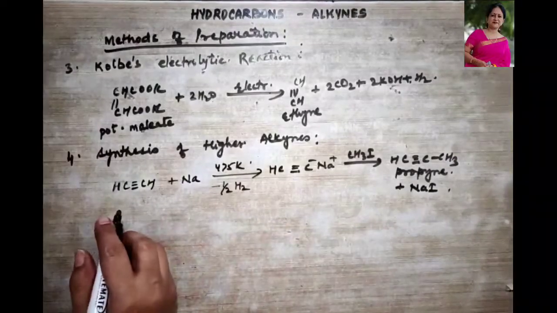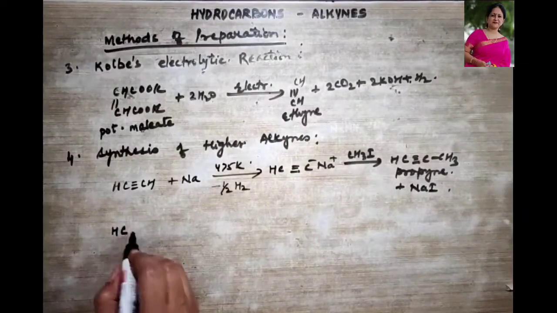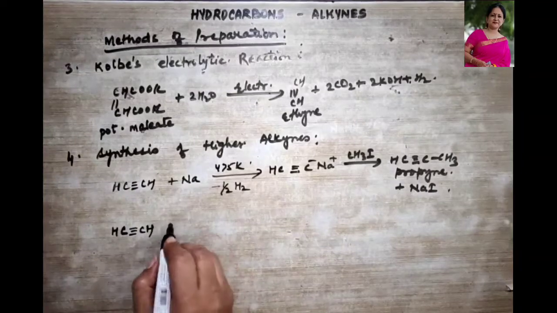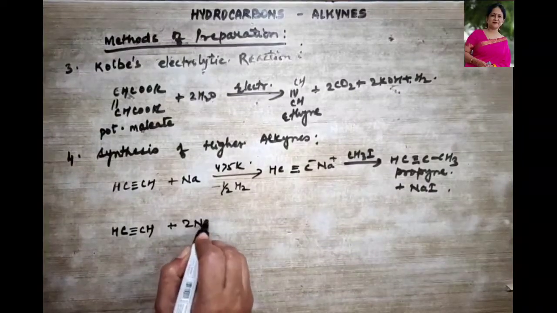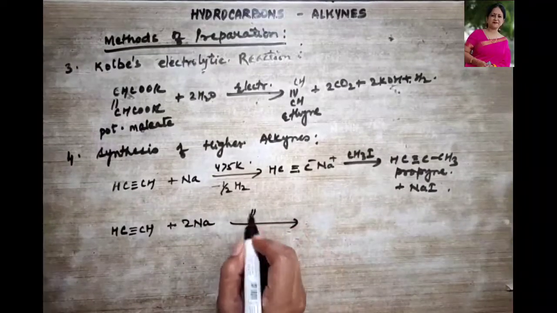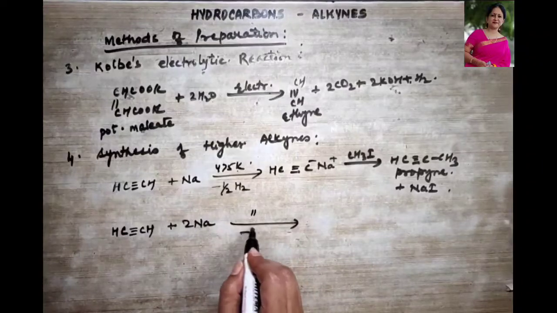Clear? Let's take one more example, the lower alkyne, that is your ethyne. When treated with 2 molecules of sodium at the same temperature, what will be removed?